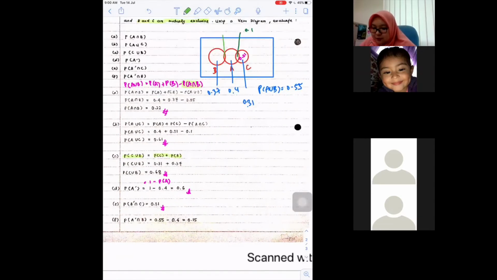The intersection of A and B right now is 0.22. So how to find A complement intersect B? I think you have two ways to solve. 0.37.